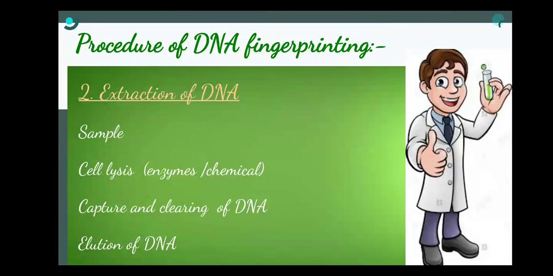After taking the sample, we extract the DNA from the sample. In the extraction of DNA there are normally 3 steps. First of all, we lyse the cell, then capture and clear the DNA, and then elution of DNA, meaning it comes out from the solution, and finally we get the DNA.